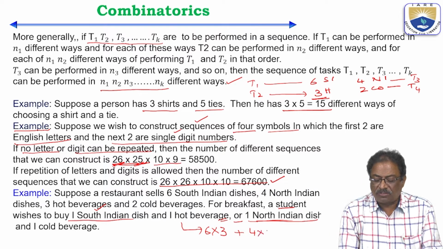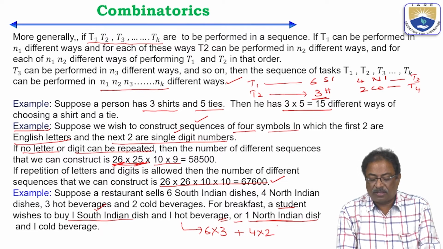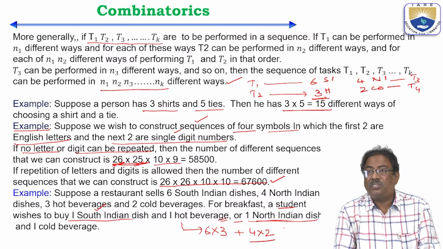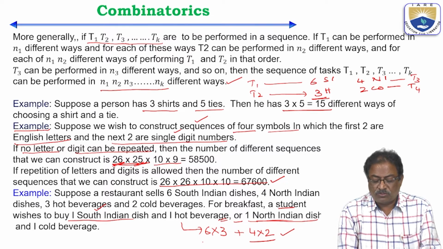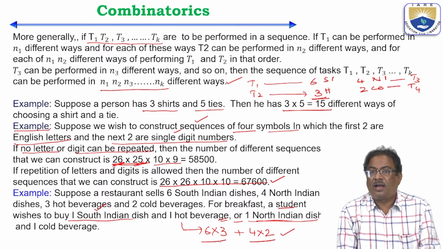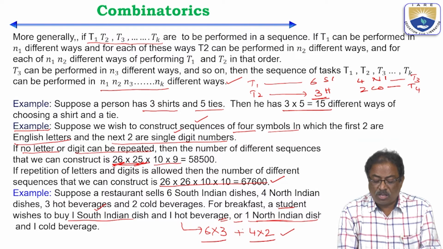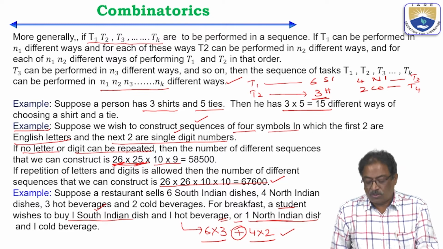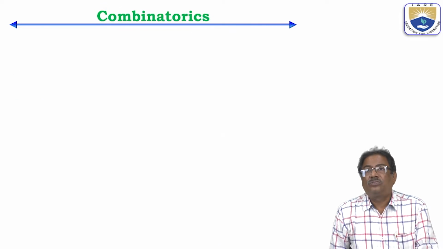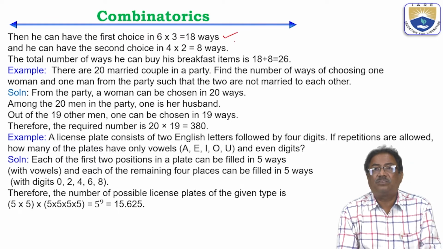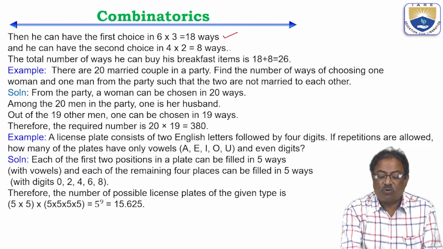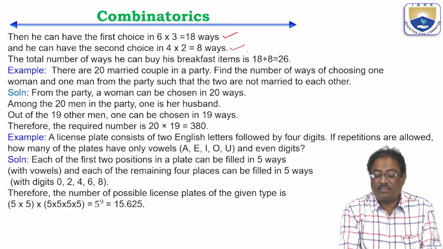So it is 6 into 3 ways plus 4 into 2, 8 ways.